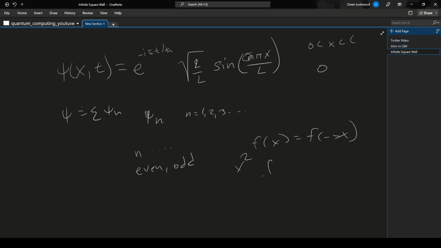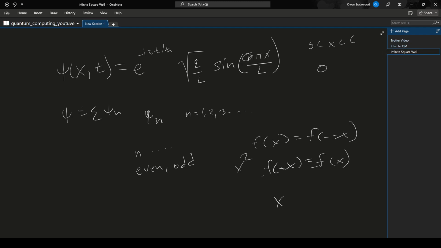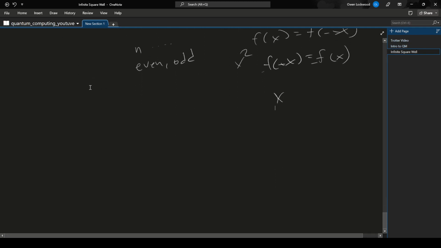Odd functions have f of negative x equals negative f of x. So x is the trivial example of an odd function. And these have a lot of nice properties that you can work with. So that's a handy property of these solutions.